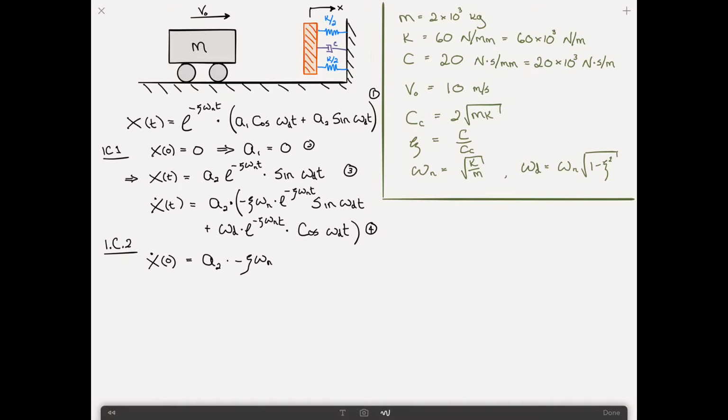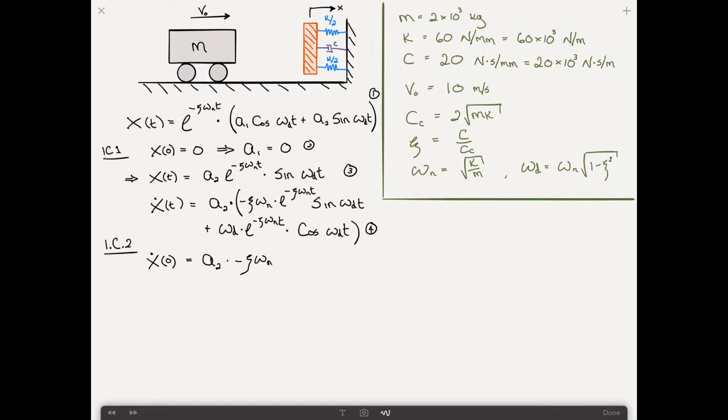The exponential at 0 goes to 1. The sine goes to 0, so in other words, this term is 0. We don't need to worry about it. The second term, the exponential becomes 1, and the cosine becomes 1 at time equals 0. So we're just left with omega d.